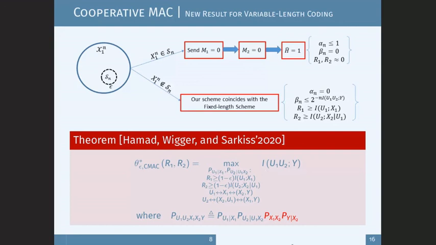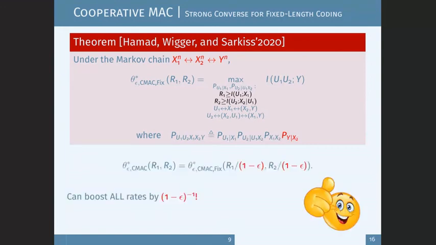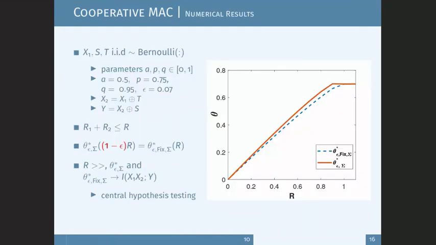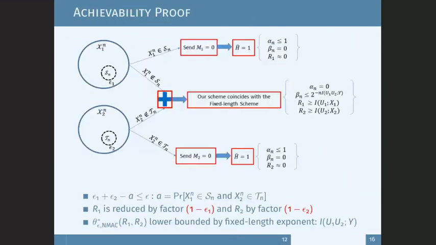However, for the non-cooperative MAC, there is no shared information between the two transmitters. So we cannot know if one of them is in the set that we chose for it, meaning that if, for example, here we fall in this set and this set not at the same time, so for example they are totally independent, it means that if we choose the probability to be epsilon and reduce the rate for epsilon of the time, then we will exceed the allowed threshold for the type 1 error probability overall.